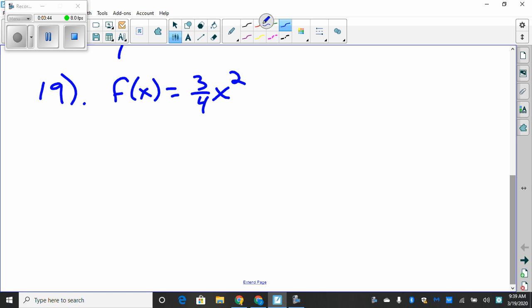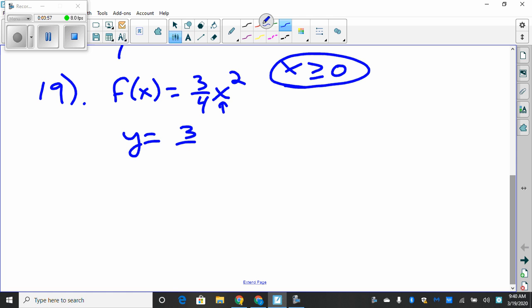And they told you that you have to use it. Now, of course, you can put any number you want in there, but I think this is for after you do the inverse. Now, the inverse of this, of course, you would write y equals 3/4 x squared. Now I switch the x and y, right? So x would equal 3/4 y squared.